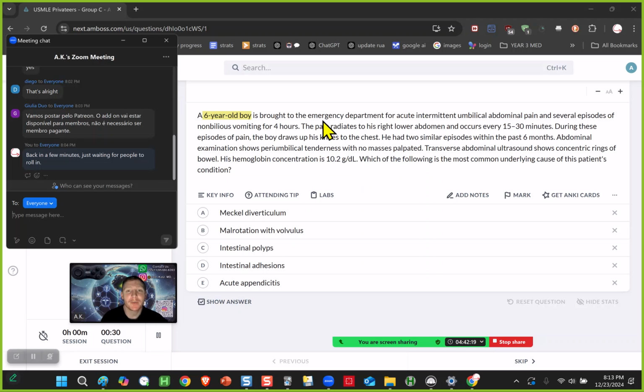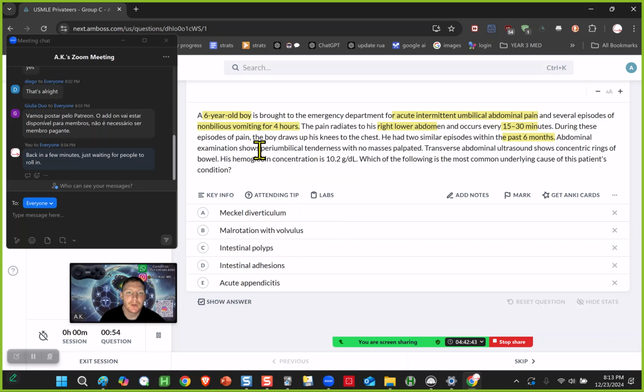A 6-year-old boy is brought to the emergency department for acute intermittent umbilical abdominal pain and several episodes of non-bilious vomiting for 4 hours. The pain radiates to the right lower abdomen and occurs every 15 to 30 minutes. During these episodes of pain, the boy draws up his knees to his chest. He had 2 similar episodes within the past 6 months.